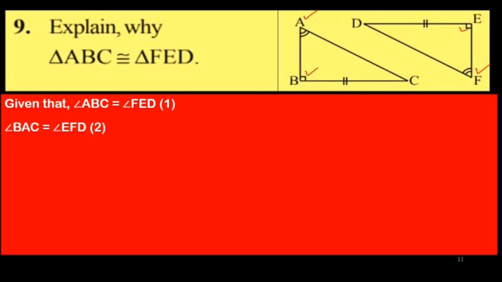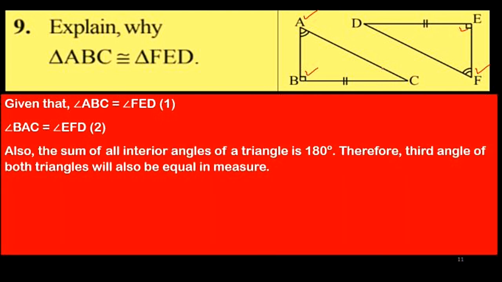So what to do? Now here I have used the important property of triangles, that the sum of all the interior angles is 180. If two angles are given equal, then the third angle must be equal in both the triangles. So that property I'll be using here, that the three angles should sum to 180 degrees and the third angles are also equal. I have taken it as equation number 3.